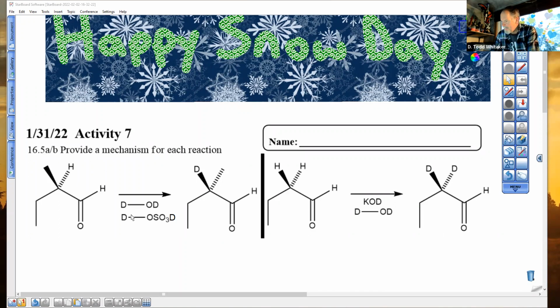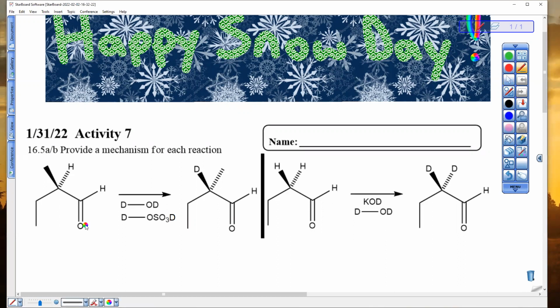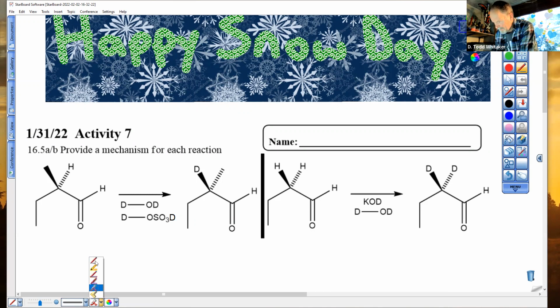So what happens in tautomerization is that we do our protonation of the carbonyl. Oh, that's not the thing I want to draw with. There's a red pen.